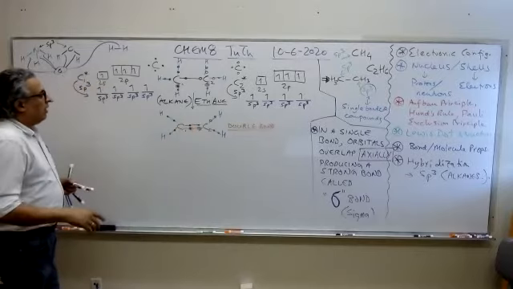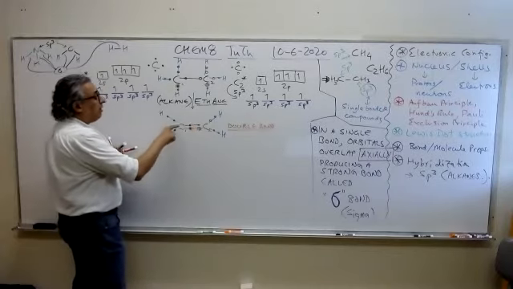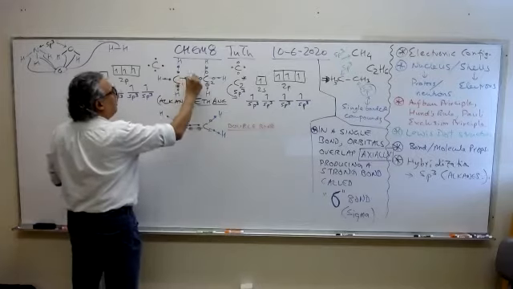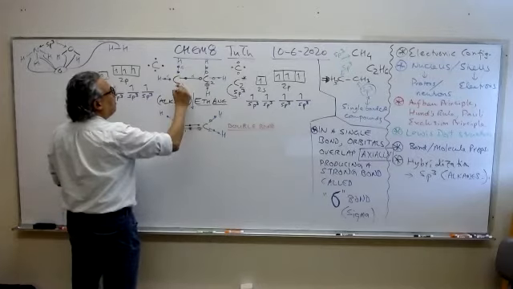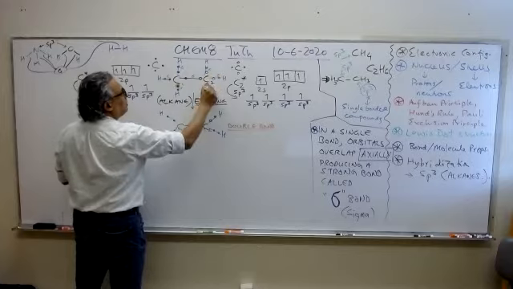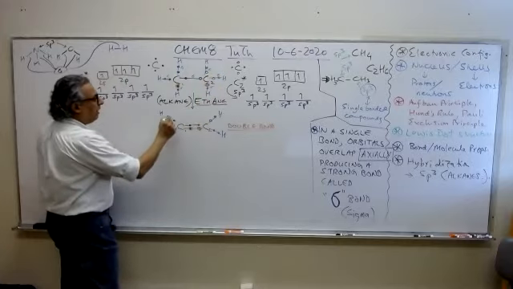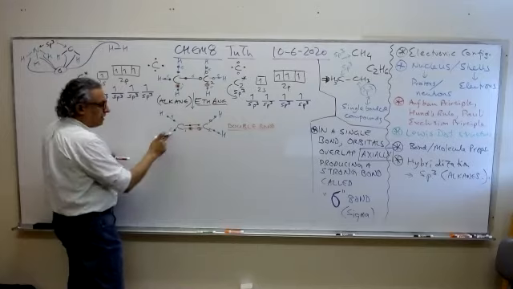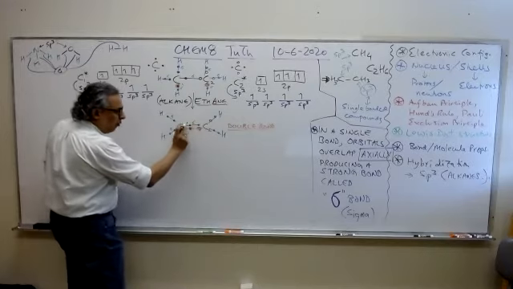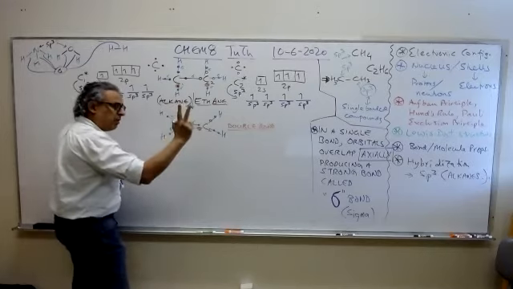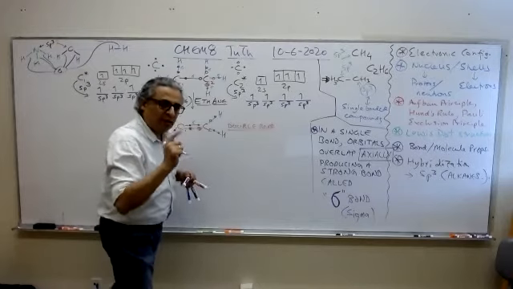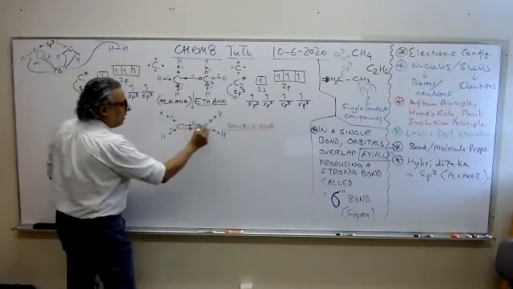Now, if I tell you that all these bonds are sigma, sigma, sigma, sigma, sigma, sigma, and sigma, and that this is sigma, axial overlap, one of the 2 bonds in the double bond is sigma.